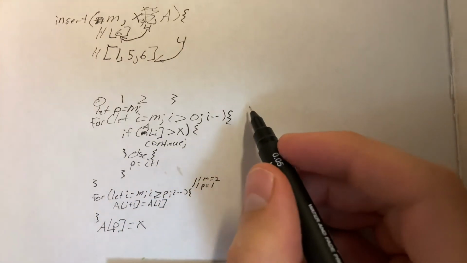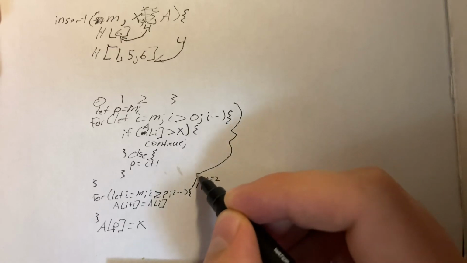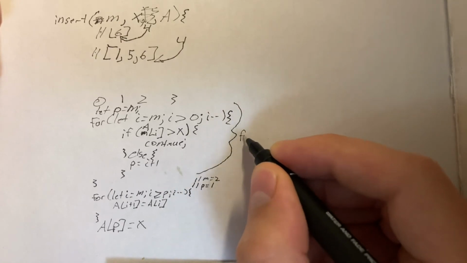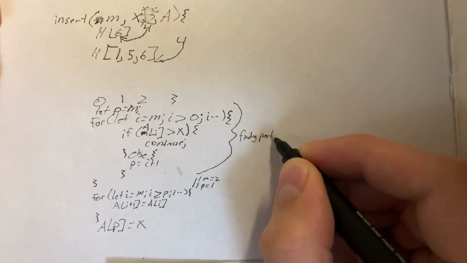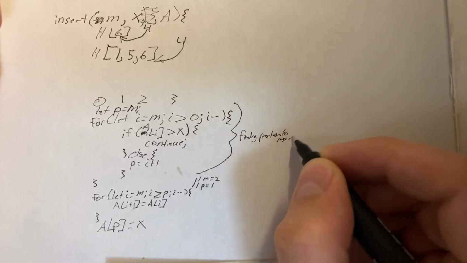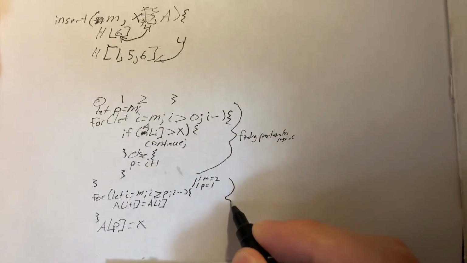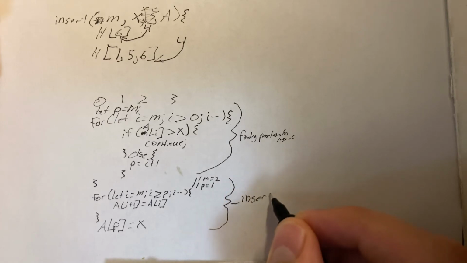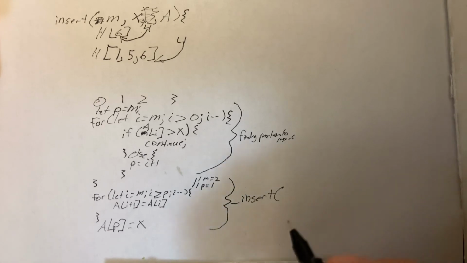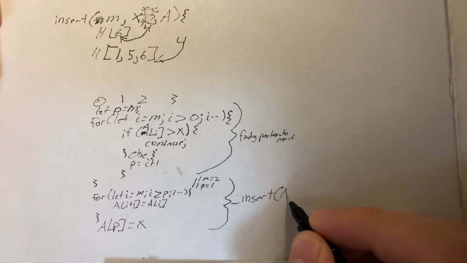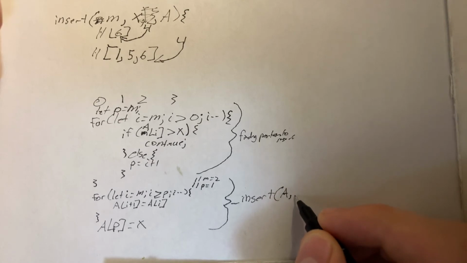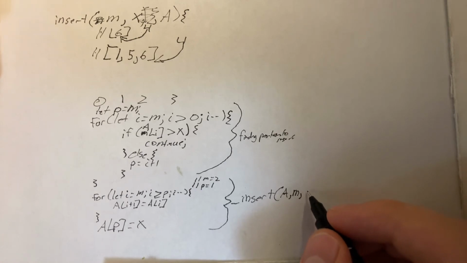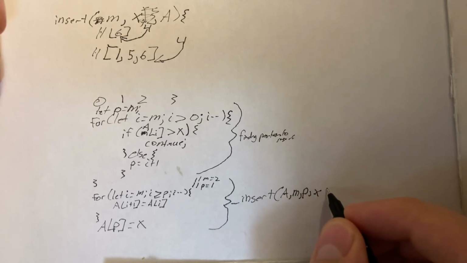So all of this right here is finding the position to insert. This is the actual thing where we do insert, based on an array, based on the rightmost index of the sorted portion of that array, and based on index P to insert the value x at.